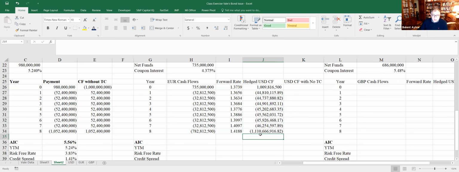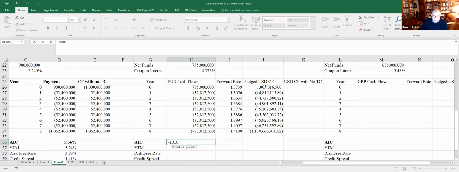These are going to be the hedged US dollar cash flows for this bond issue. And we can now calculate the all-in cost as the internal rate of return of this entire stream, and that turns out to be 5.006%.